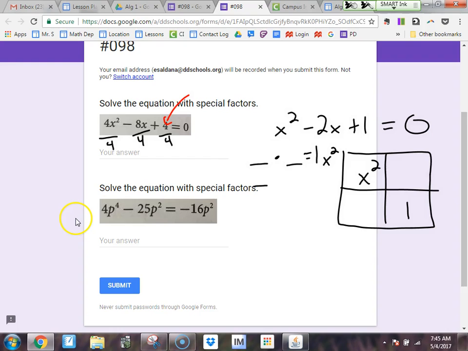And then I want them to add to negative 2x. Can you think of two numbers that will multiply to 1x squared that will add to negative 2x? Negative 1, negative 1 works. Okay, negative 1, negative 1.